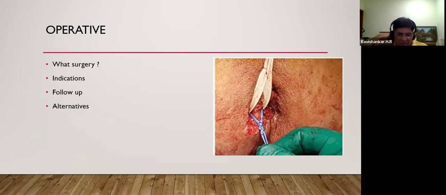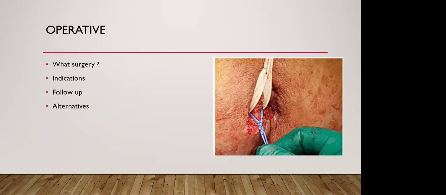You are doing all the things, either MRI or transrectal ultrasound, and you identify whether it is branching, whether it's complex, whether it's simple, low, high, intersphincteric, transsphincteric, supralevator, all those things you have identified. But as a common theme for all of the fistulas, what are the three things you have to worry about?